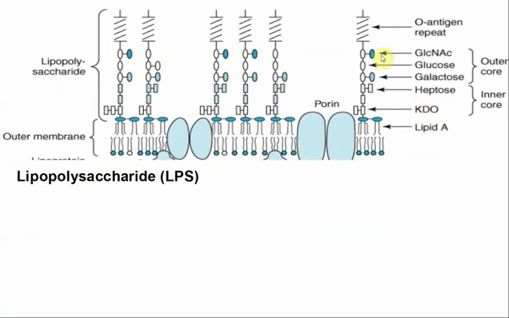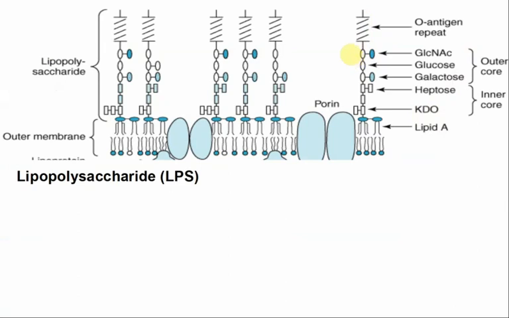After the core oligosaccharide, there are like 5 to 30 repeats of a repeated sugar motif. In this motif you could have maybe 5 to 8 different sugar molecules, in a linear or a slightly branched structure. These O antigen repeats are variable between bacterial strains, between species, and also within a species you can have a lot of variability.